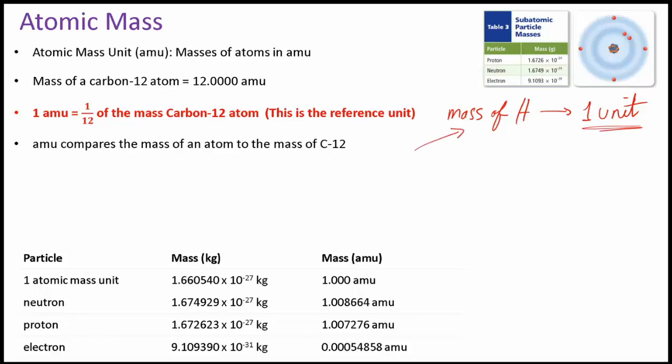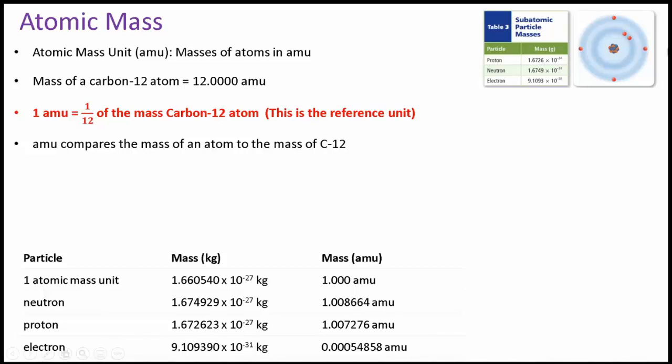Actually, some of the scientists did that in the 19th century. They considered the mass of hydrogen as a standard mass, and they measured all the other masses of the other elements in terms of the mass of hydrogen. But later they found that it produces many errors, so they changed this idea and considered something else. What did they do?